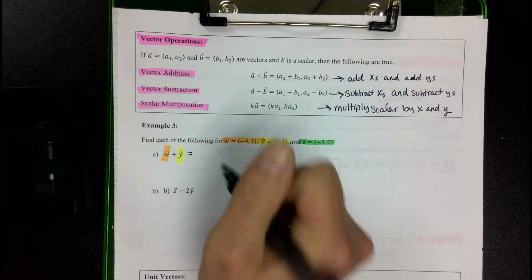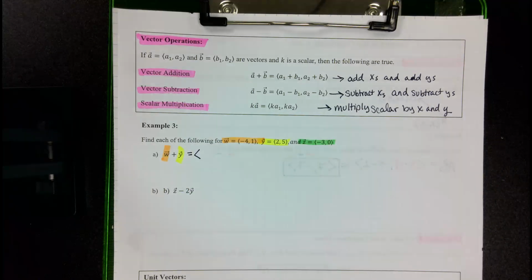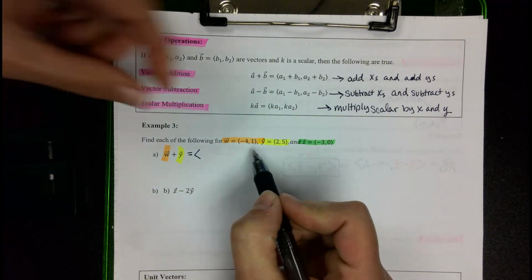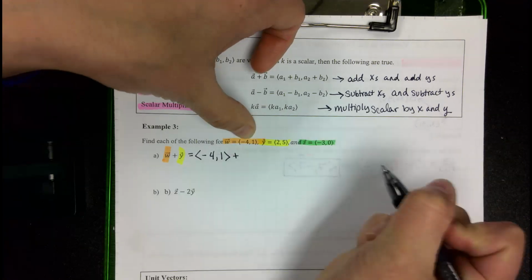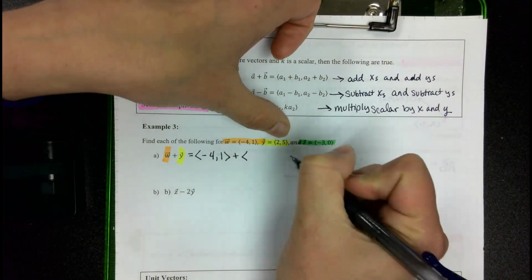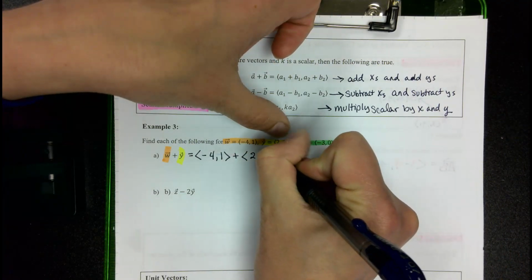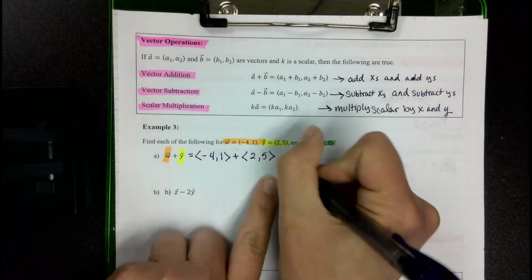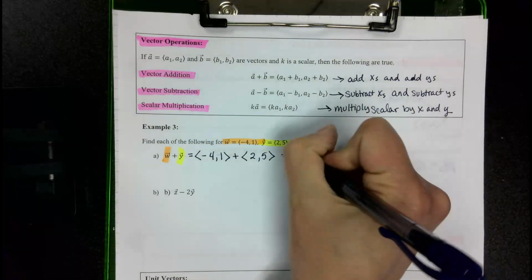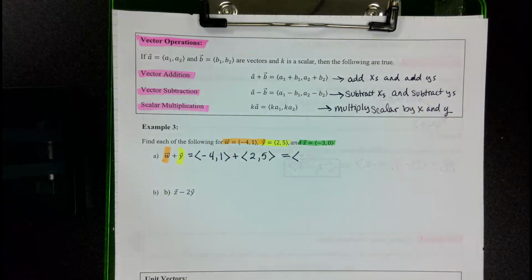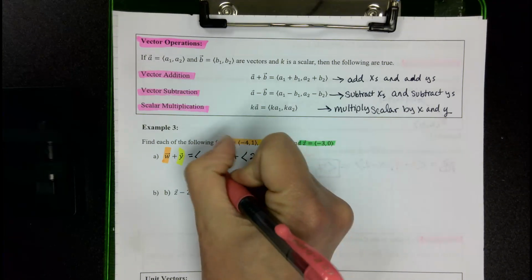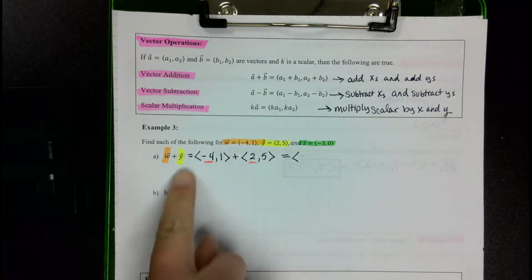So this is going to equal, first I need to write out my vectors. So vector w plus vector y. Vector w, I have negative 4, 1. Plus vector y, 2, 5. Okay? So then to put them together, I'm going to take the x's, I have negative 4 and 2, and I am adding.